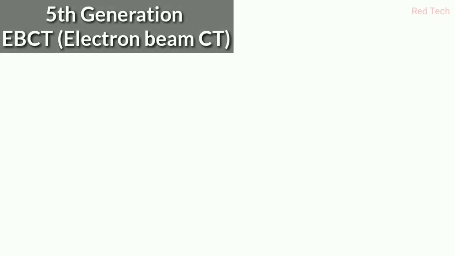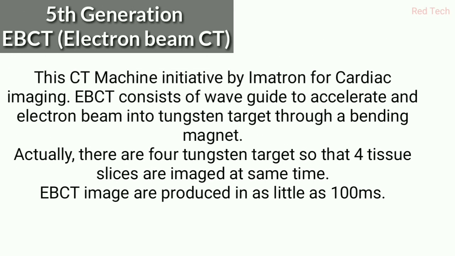Fifth generation. Fifth generation is also known as EBCT, meaning electron beam CT. This machine was initiated by Imatron for cardiac imaging. EBCT consists of a waveguide to accelerate an electron into a tungsten target through a bending magnet.